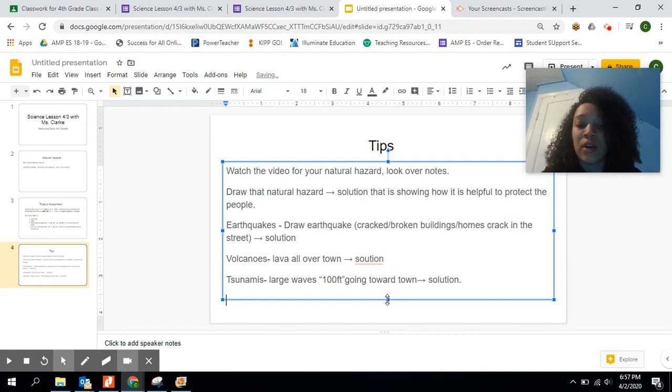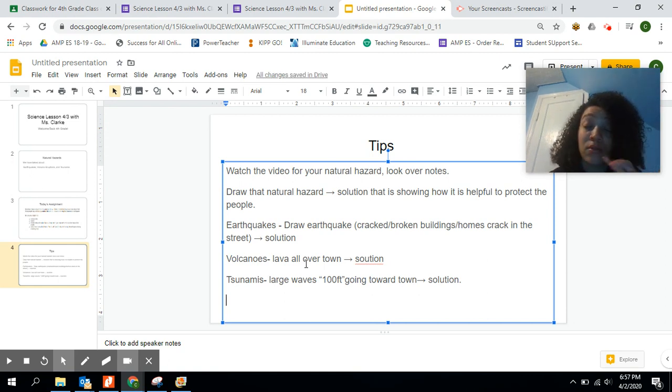Now, also a helpful hint: when you're drawing these towns, and you're like, I don't know how to draw towns, or buildings, squares and rectangles are a great way of starting to draw your buildings, and you could draw little windows or be as creative as you want. It's boxes and squares and rectangles, water, wiggly lines. Be creative.